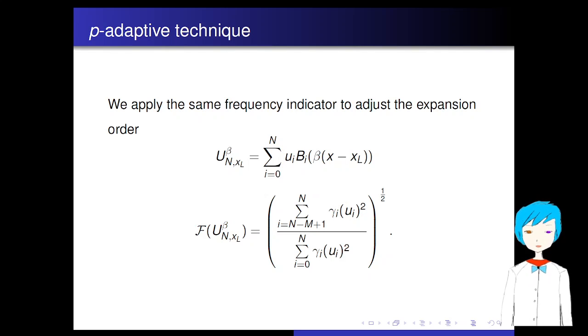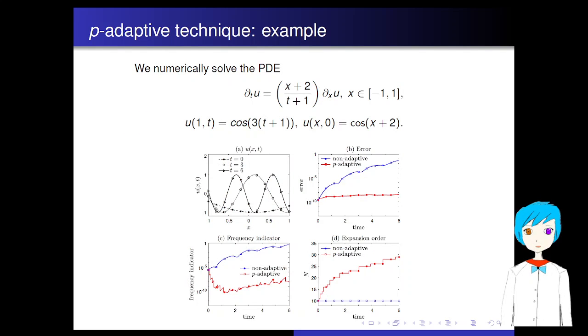But how to distinguish the oscillation and the diffusive behavior, I will introduce later. So as an illustrating example, first we numerically solve the PDE in the bounded domain. So in the bounded domain, there's no diffusive behavior, there's no translated behavior, and we only need to care about the increasing oscillation of the function.